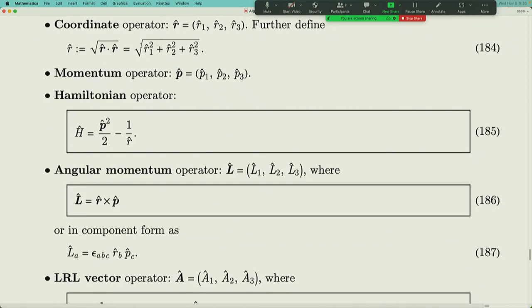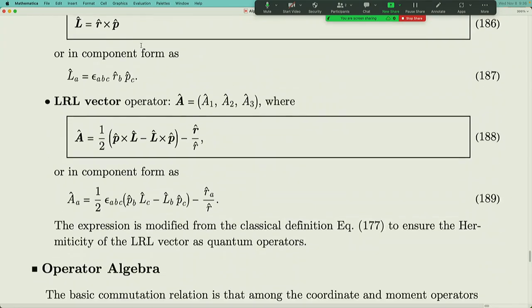Which means that every component of the angular momentum operator is given by the Levi-Civita symbol, which is the fully antisymmetric tensor, contracted with the components of the coordinate and the momentum operators.